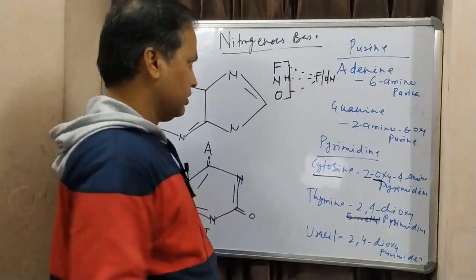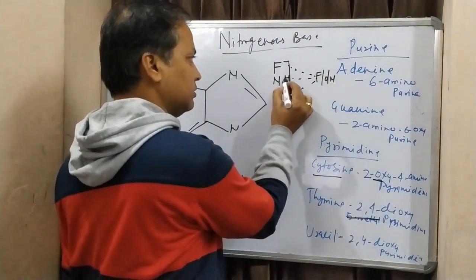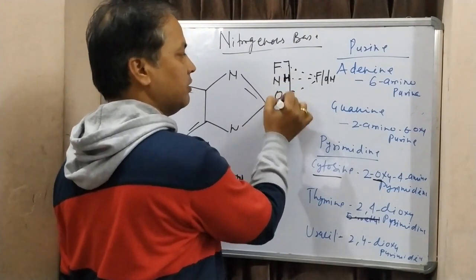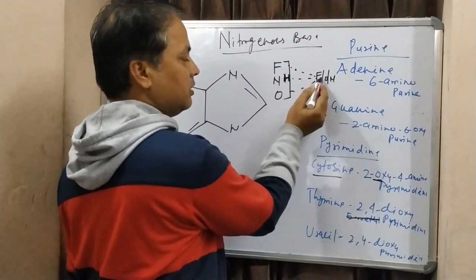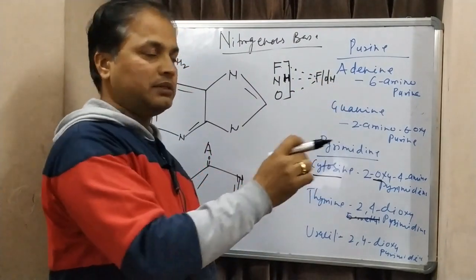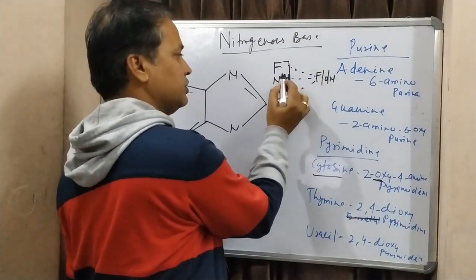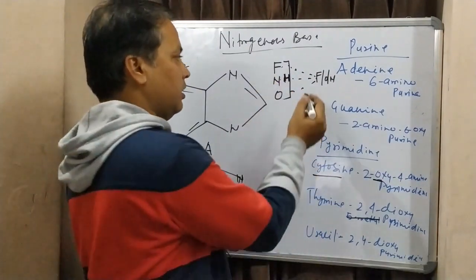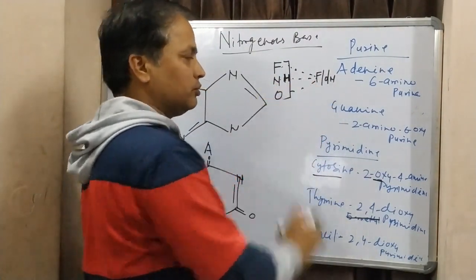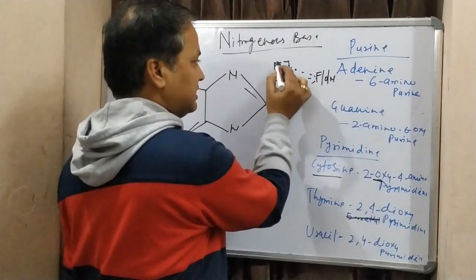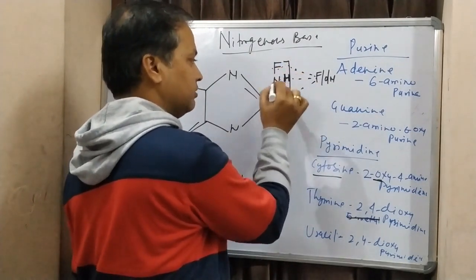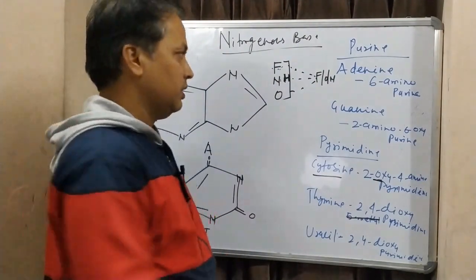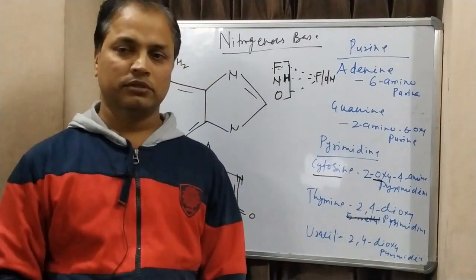So in hydrogen bonding, there is an attractive force between this hydrogen, which is associated with an electronegative element, and another electronegative element. The hydrogen is directly associated with fluorine, nitrogen or oxygen, and a hypothetical bond is there with the other element. So the fluorine, nitrogen or oxygen carrying the hydrogen is called the hydrogen donor, and the other is called the hydrogen acceptor.